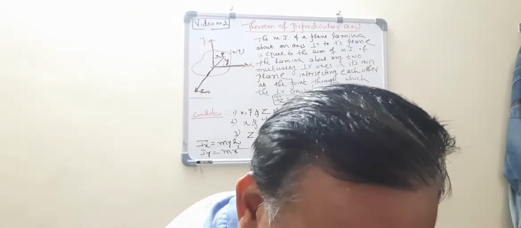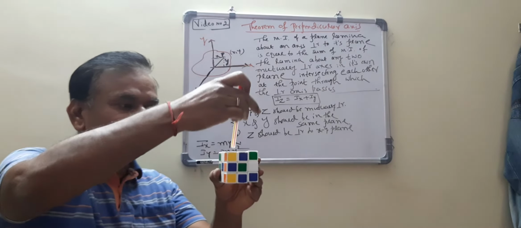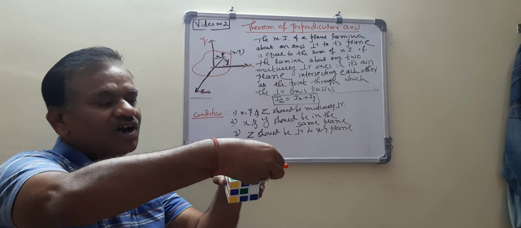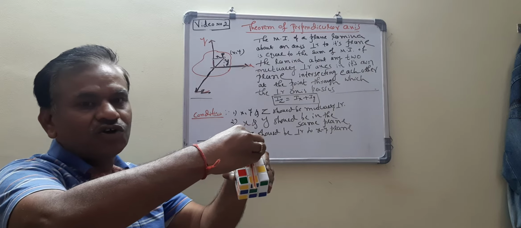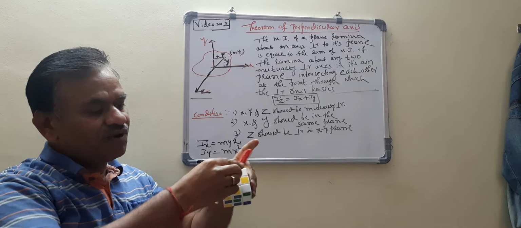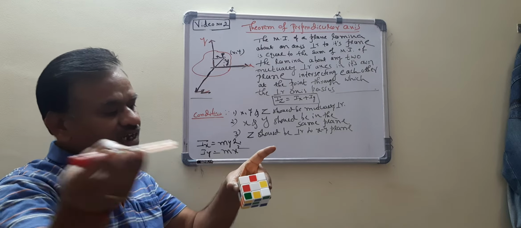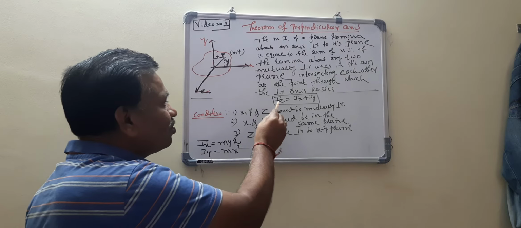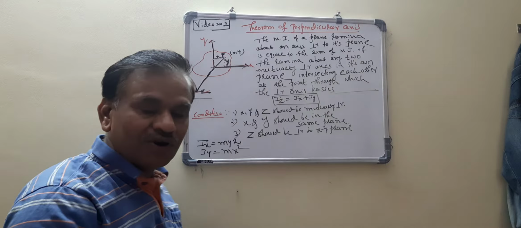Or else, here, this is perpendicular, Iz I will call it. This I will call Ix. This I will call Iy. I think it is clear now. It is Iy, this is Ix, and this is Iz. Iz equal to Ix plus Iy.